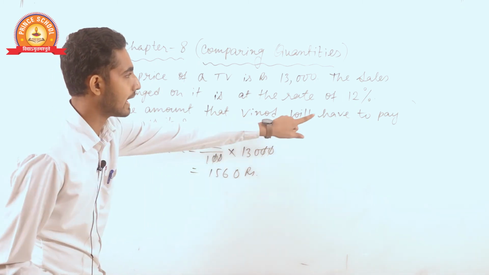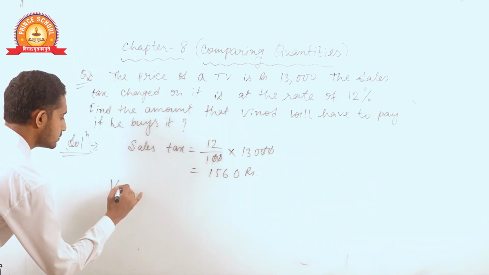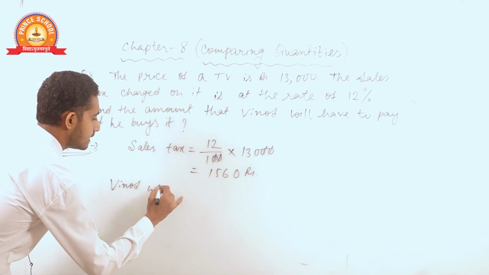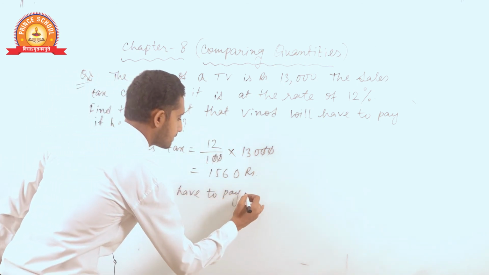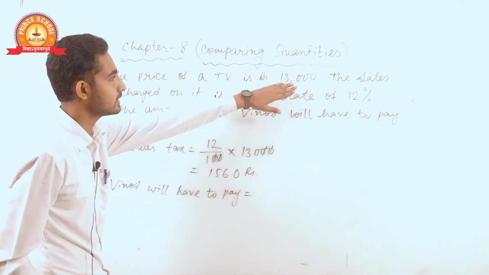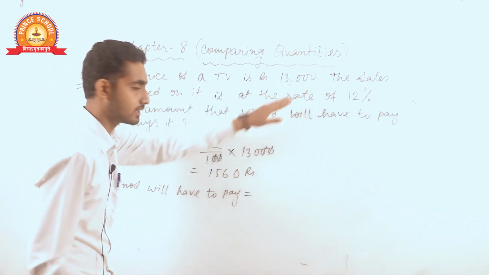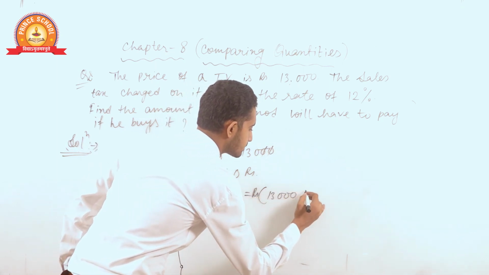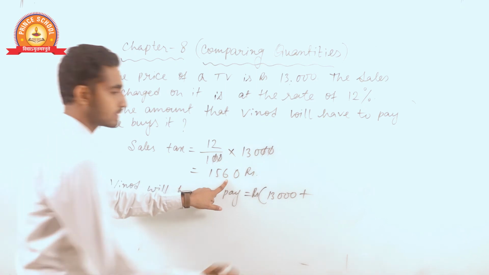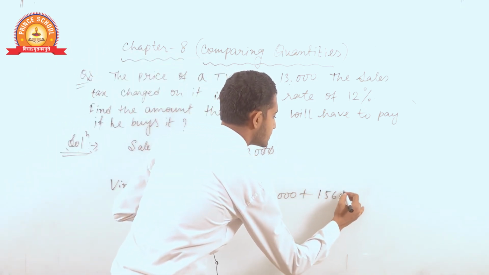Now how many rupees will Vinod have to pay? Vinod will have to pay the cost price of the TV, 13,000 rupees, plus sales tax 1,560.